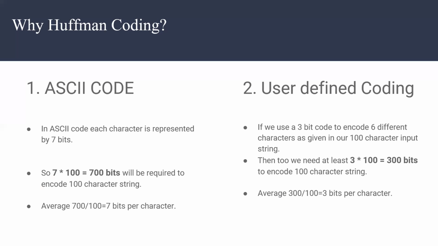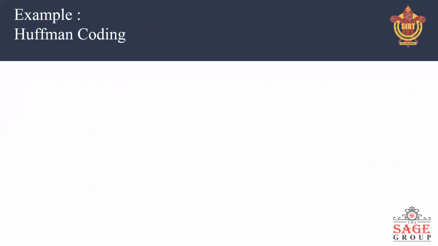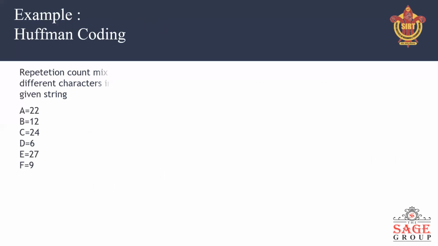So now as we have seen these two techniques, ASCII code and user defined coding, further we will move ahead and use the Huffman encoding technique to solve this problem. Here, as I discussed earlier, I have the given repetition count of different characters in a given string of 100 characters.